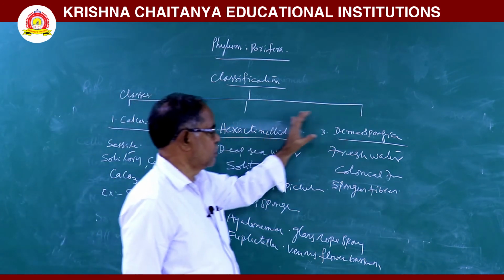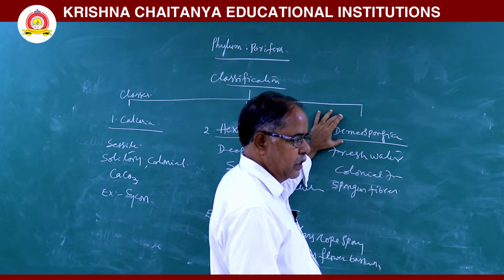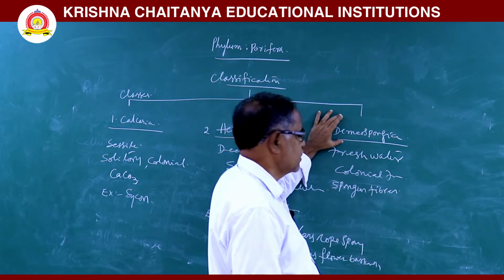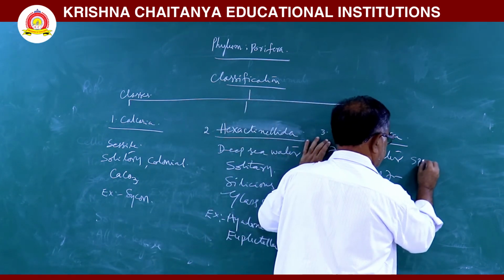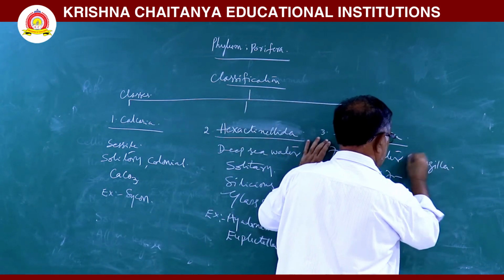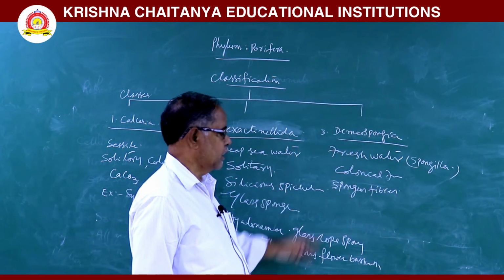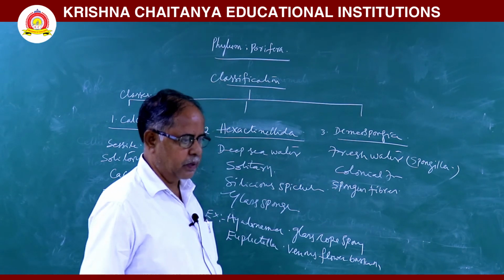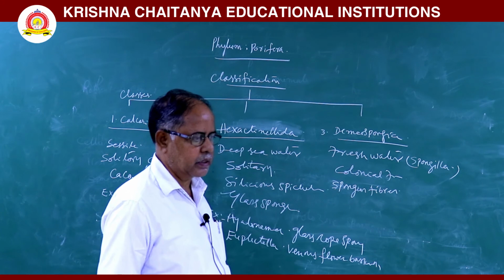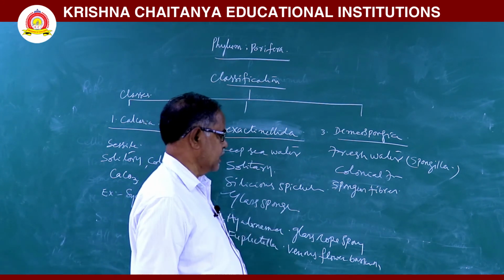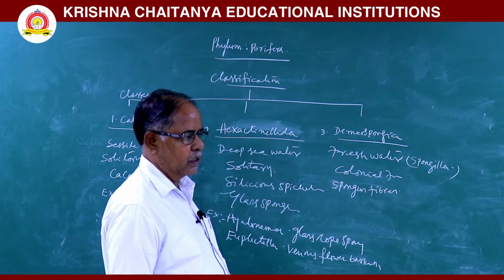Next, Demospongia live in deep sea water. They are colonial form. Some live in fresh water. For example, Spongilla. Spongilla is a freshwater sponge. Here the spicules are made up of spongin fiber. In some, the spicules are made up of both spongin fibers and siliceous material. In some, spicules are absent.